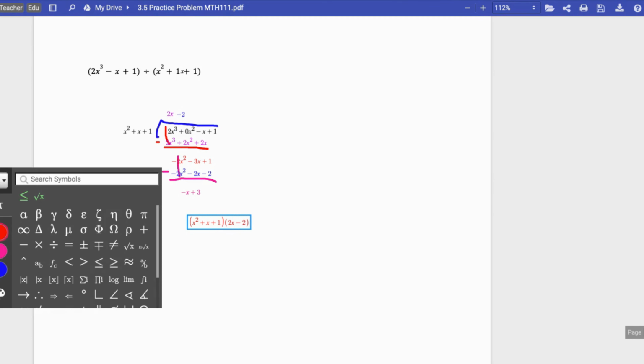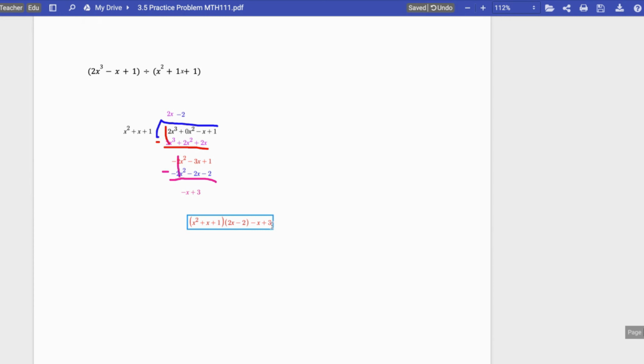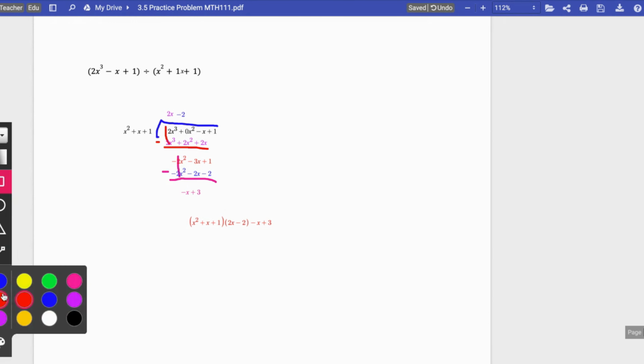And then I'm going to add my remainder. So this is plus negative x, so just minus x plus 3. The reason why this isn't in parentheses is because it's not a factor. This is leftover. So this is the equivalent of me saying remainder negative x plus 3. And then this is going to be your solution.